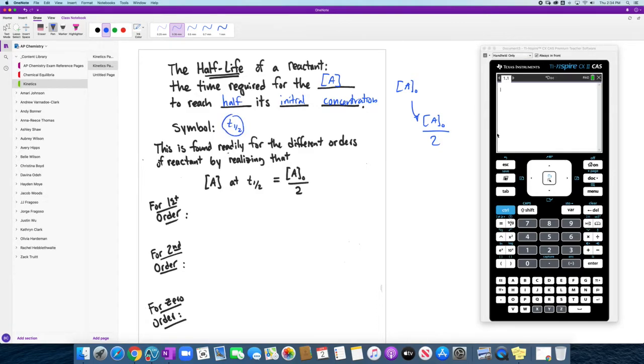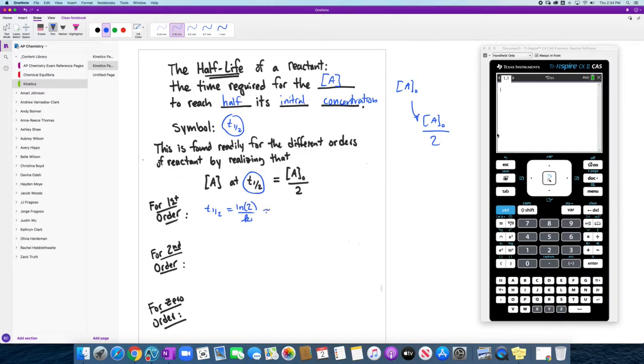And it's found readily for the different orders of reactant by realizing that if you substitute in that half-life value, you would get half the concentration. And so in a moment, I'm going to show you how I derived these, but the amount of time required to reach half the concentration, the half-life, for a first-order reaction can be shown to be the natural logarithm of 2 over the rate constant k.